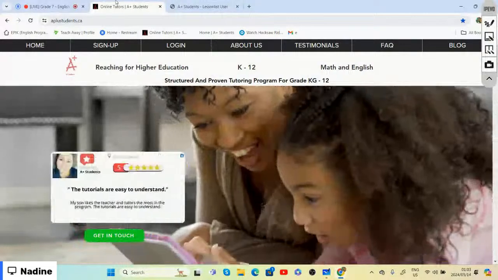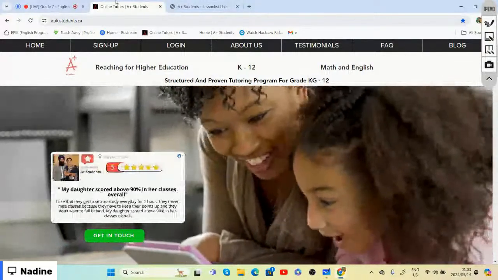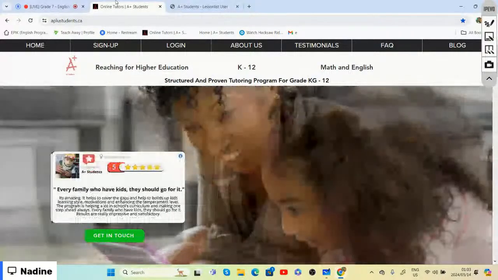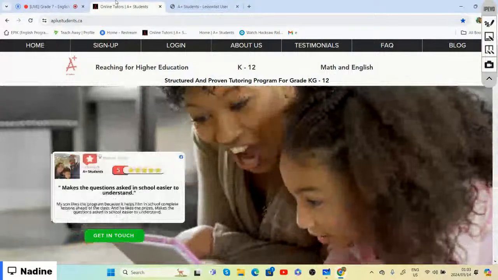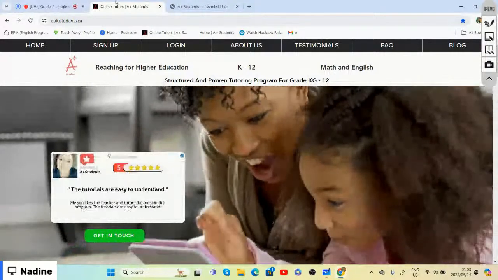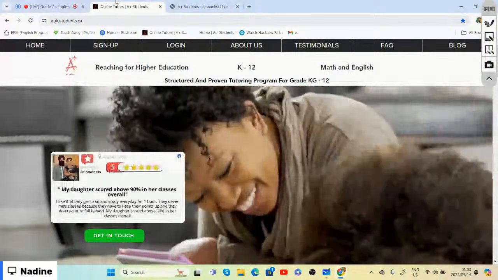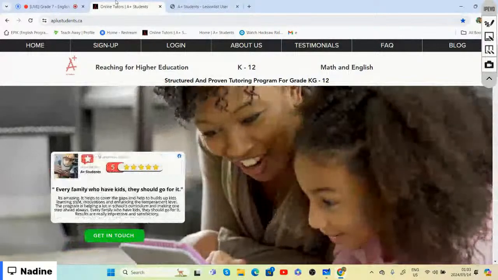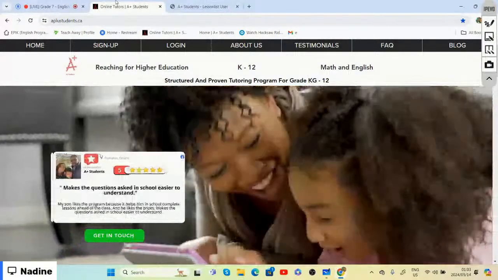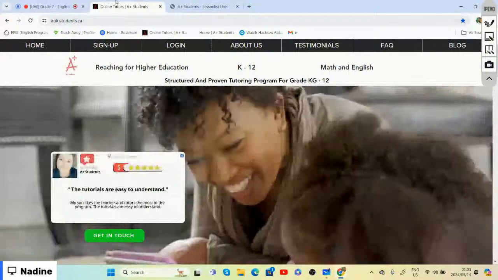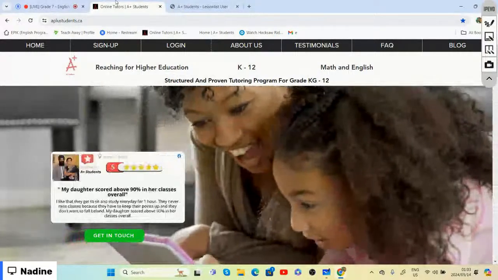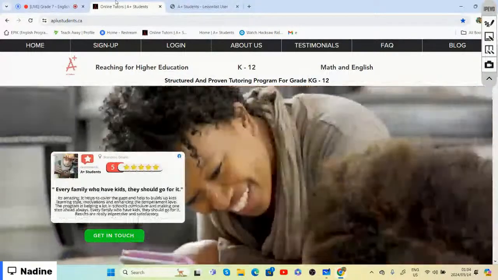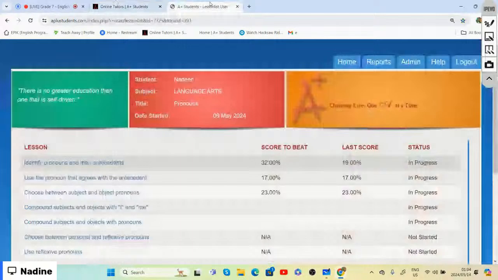Once you've logged on with your username and password, we're going to select the subject of English Language Arts, grade 7. Then we scroll down until we get to our chapter on pronouns.